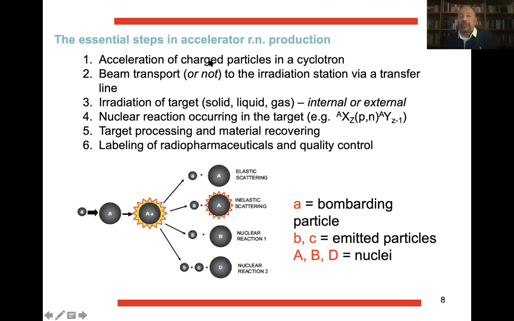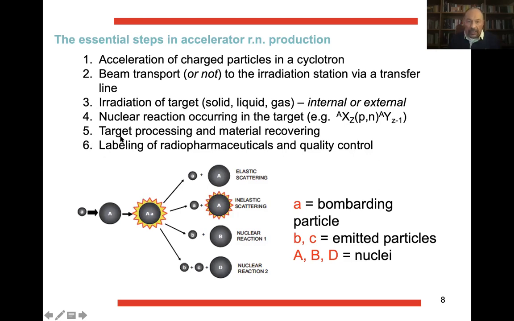So the essential steps in radionuclide production are shown here. The acceleration of charged particles, beam transport, irradiation of the target, nuclear reaction producing the radionuclide, which is typically written in this way, you know, the usual way, target processing and material recovering, labeling of radiopharmaceuticals, and quality control.